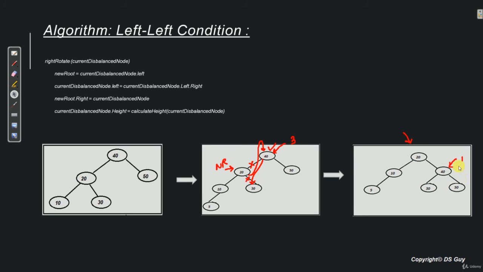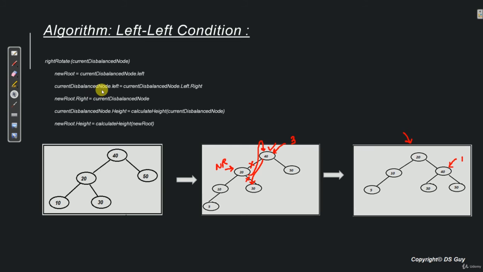It does a +1 and this is how we get the height of 40. And the next important thing is, we also have to find the new height of the root. That is, new root dot height is equal to calculate height of new root. So we again calculate the height of 20. So this is all about the left-left condition's algorithm.